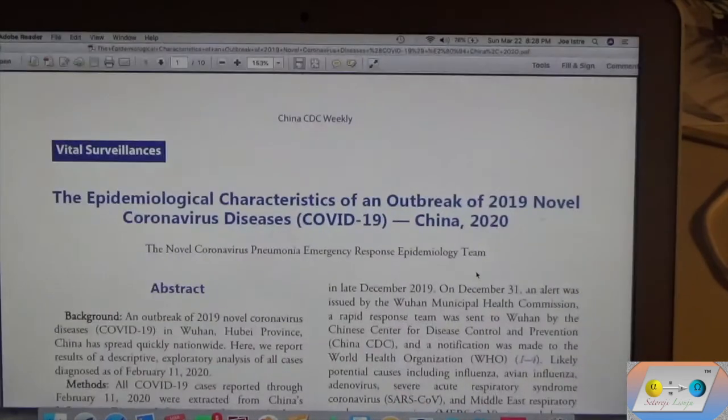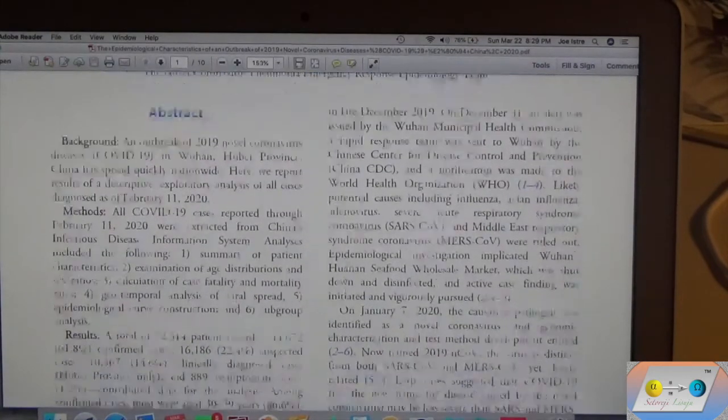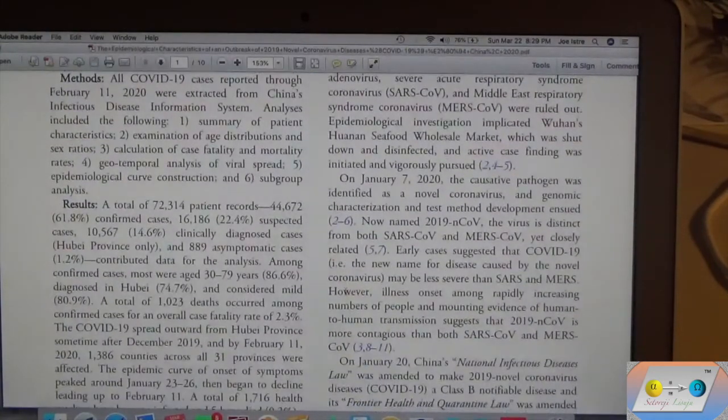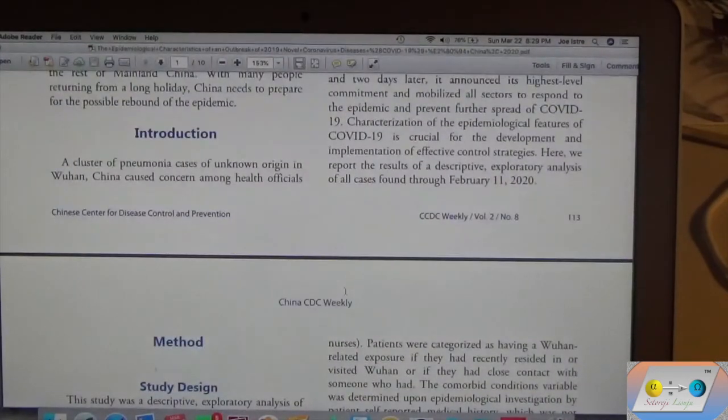Okay. So let's now look at the China report. This is the core report from the China Center for Disease Control, I think, China CDC Weekly. So this is the abstract that basically informed the world about the coronavirus out of China. Let's see, volume number 8.